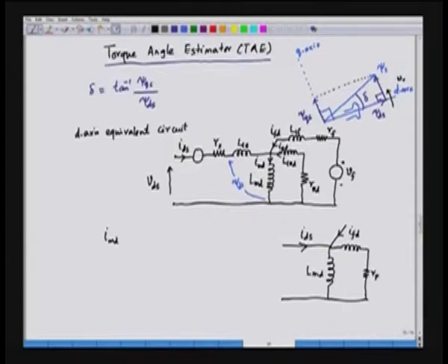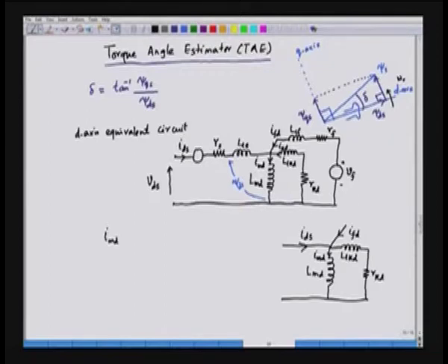This is RKD and this is LKD, and this current is IMD. So, we need to find out what is IMD in terms of IDS and IF.